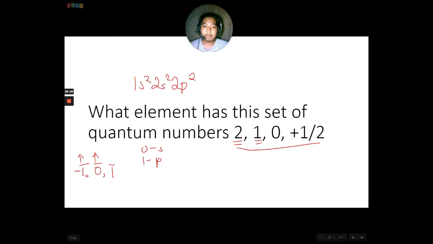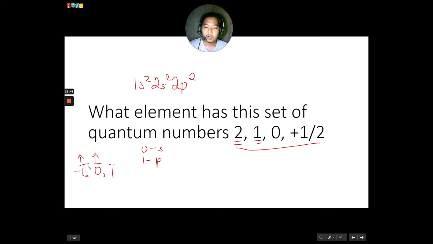By counting the number of electrons, 1, 2, 3, 4, 5, 6, I will know the atomic number because these are the same as the protons, and I'll know the element. So 6: hydrogen, helium, lithium, beryllium, boron, carbon. That's carbon, the element of life. That's how we use quantum numbers in identifying an element, or the other way around, the element in identifying the quantum number.